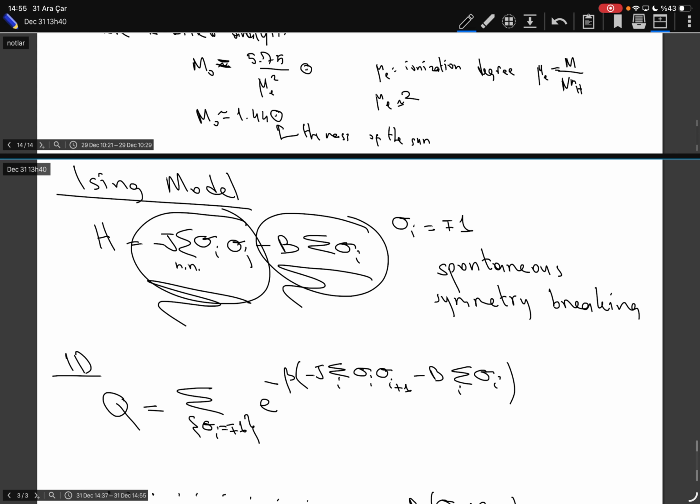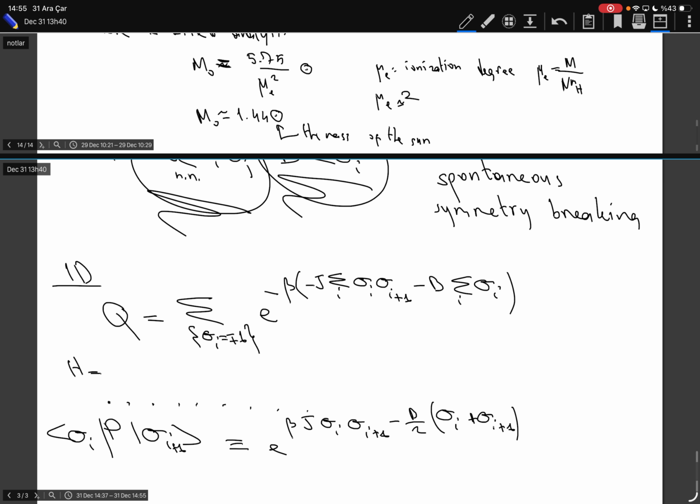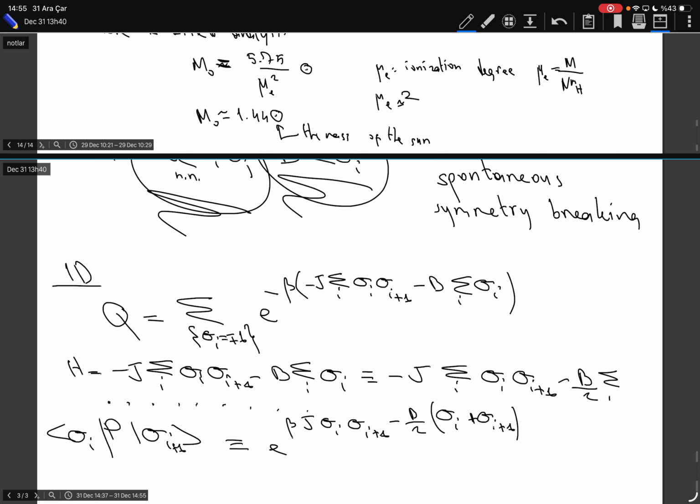What I did here is H, in the one-dimensional case, is given by minus j sum over I sigma I sigma I plus 1 minus b sigma I, which I also write as minus j sum over I sigma I sigma I plus 1 minus b over 2 sum over I sigma I plus sigma I plus 1. I'm summing over all I.